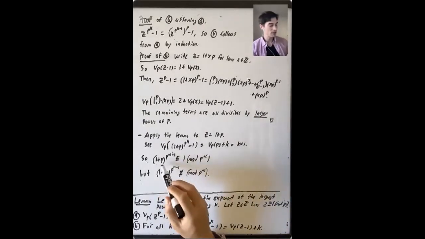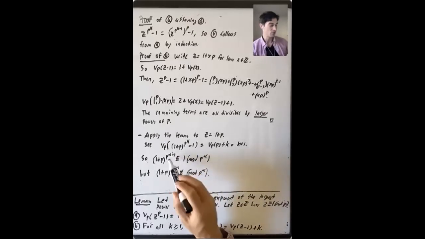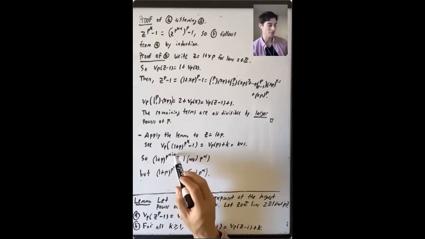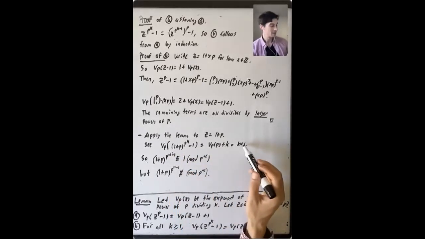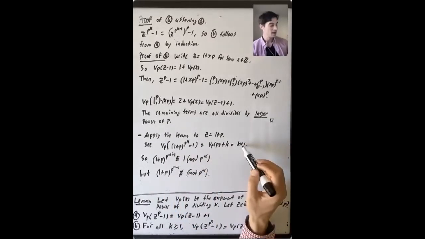That means that 1 plus p to the p to the alpha minus 1 is congruent to 1 modulo p to the alpha. You subtract 1, and you're asking for, does p to the alpha divide 1 plus p to the p to the alpha minus 1 minus 1? And it does. So you put in alpha minus 1 for k, and you see that the largest power of p dividing this thing on the left-hand side is p to the alpha.